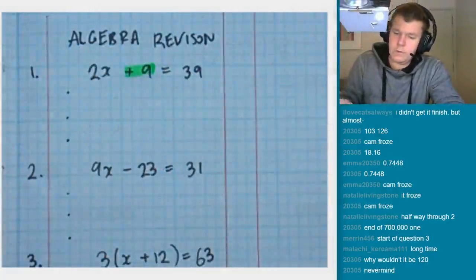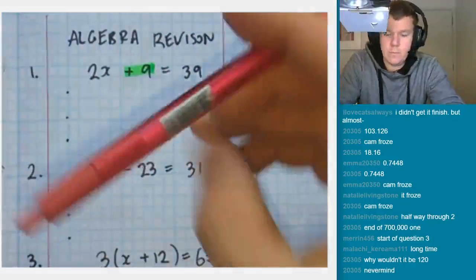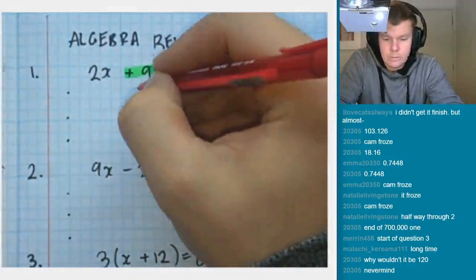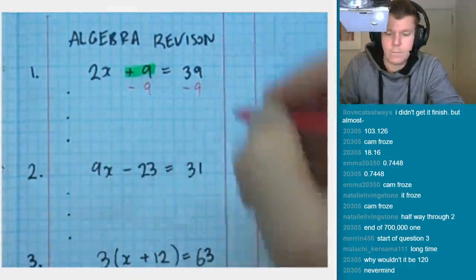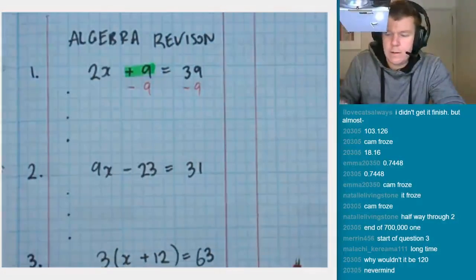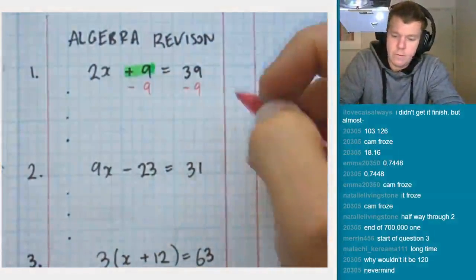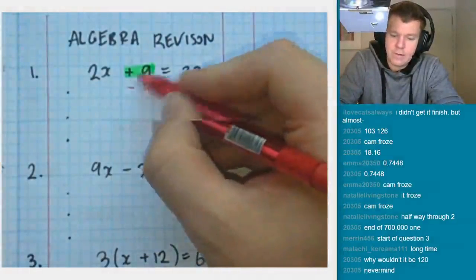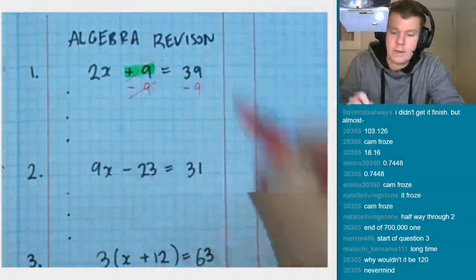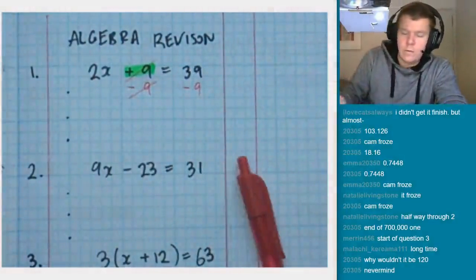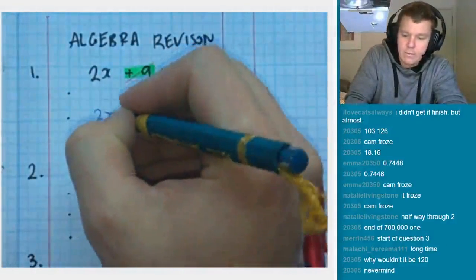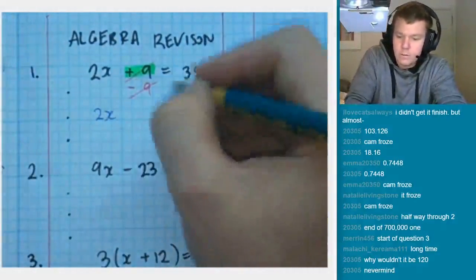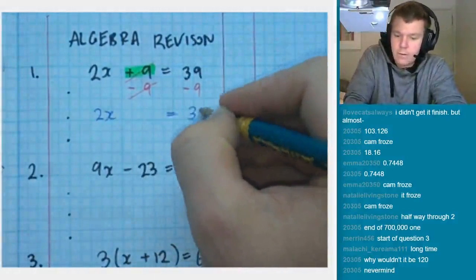So, to do that, we need to subtract 9 from both sides. That would leave us, so that plus 9 and negative 9 cancel out. We will just be left with 2x equals 39 minus 9 is 30.